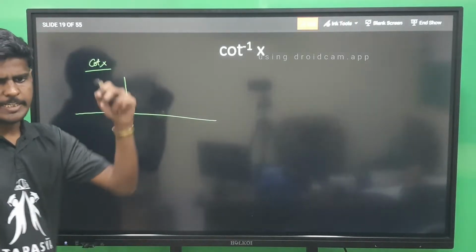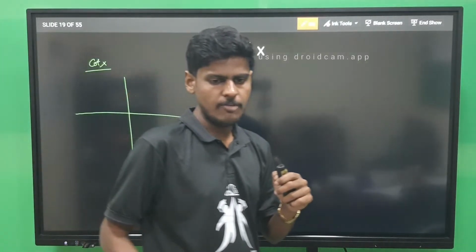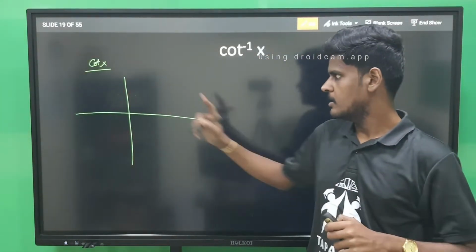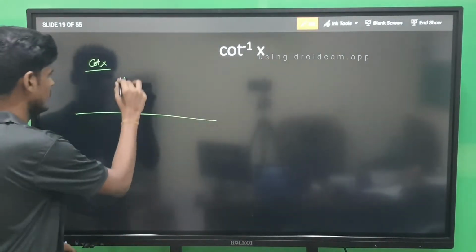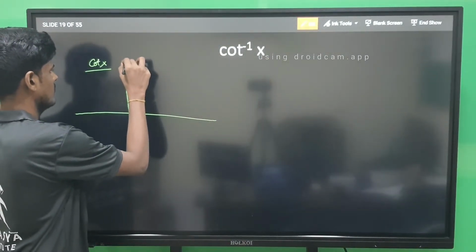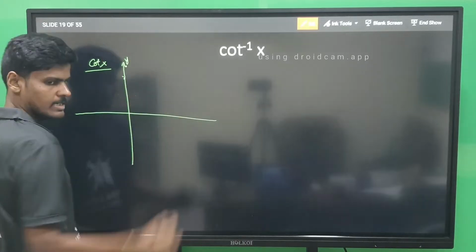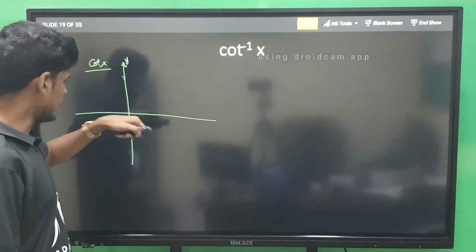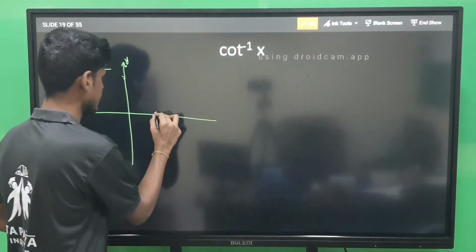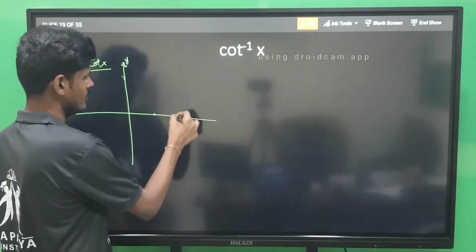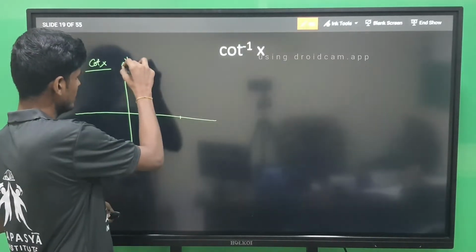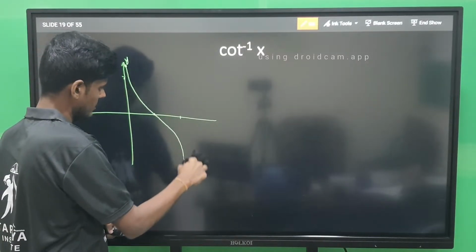Cot is nothing but the reciprocal of tan. Tan 0 is 0, so cot 0 is infinity. Tan 90 is infinity, cot 90 becomes 0, 1 by infinity is 0. And tan 180 is 0, cot 180 is infinity. So the graph will be like this.